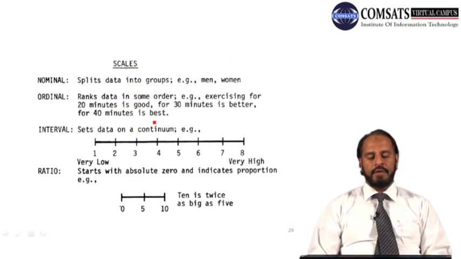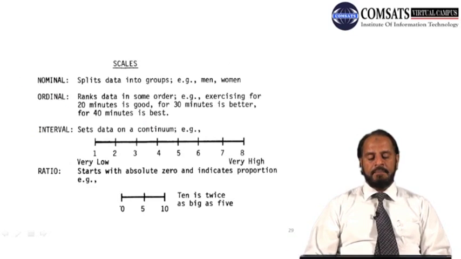So we quickly have a recap on the scales. We said the nominal scale splits data into groups, e.g. men, women. Ordinal scale ranks data in some order, e.g. exercising for 20 minutes is good, for 30 minutes is better, for 40 minutes is best. So among the three different options, we're saying which is better, which is less, which is worse. For interval, we say set the data on a continuum, meaning very low to very high.